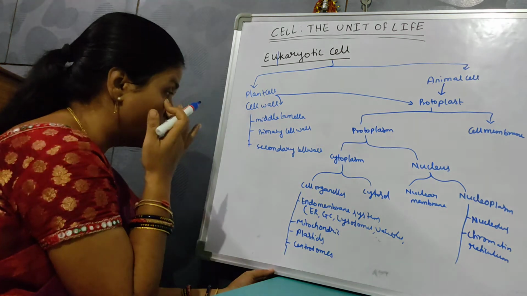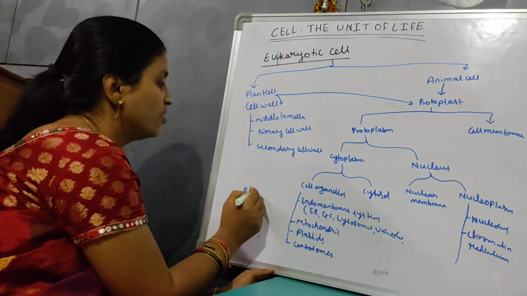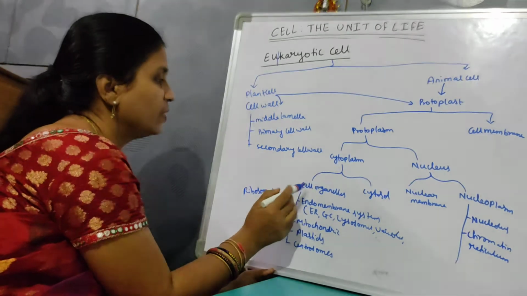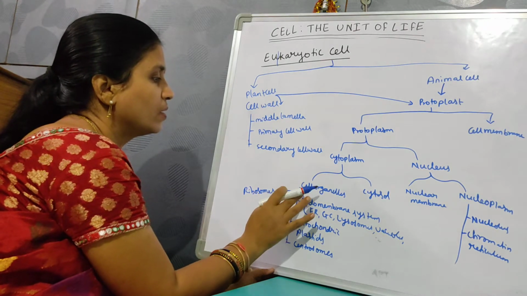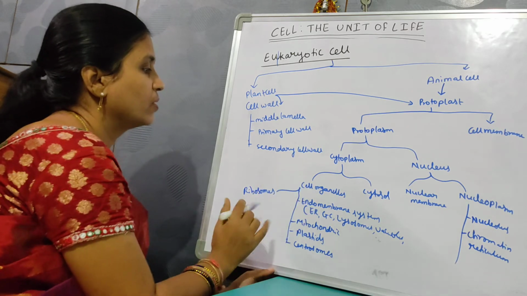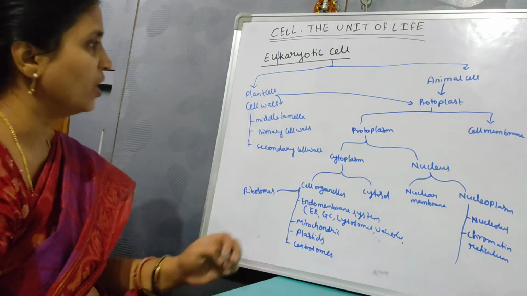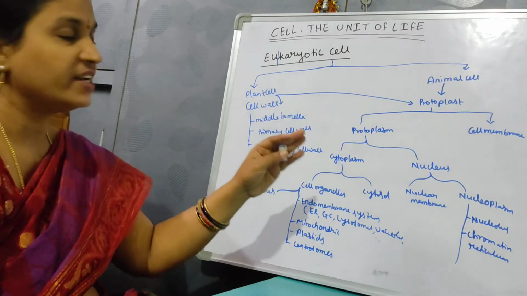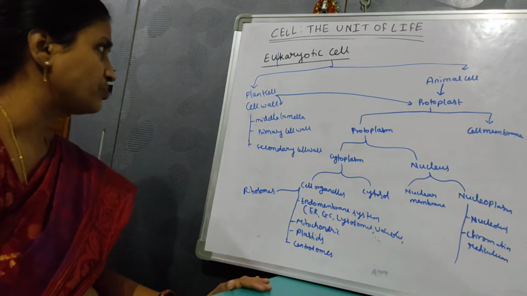These are all membrane bound, and there are also non-membrane bound cell organelles such as ribosomes. So this is about the general structural details, or you can say the parts of a eukaryotic cell.